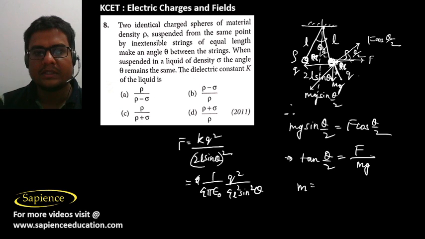And mass we can write as density rho into volume of the sphere.